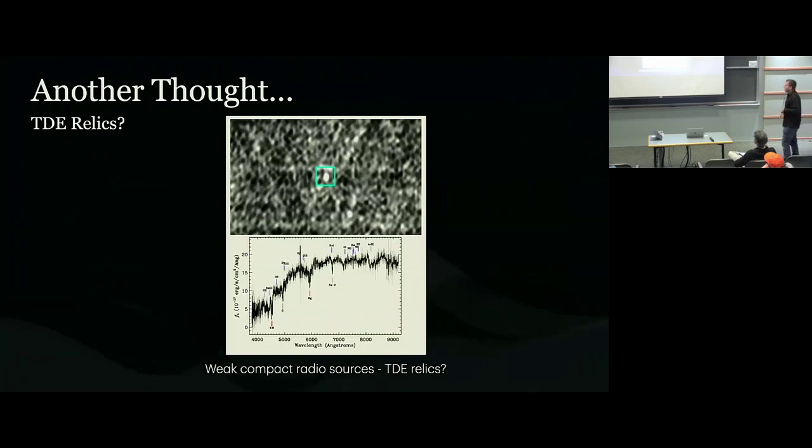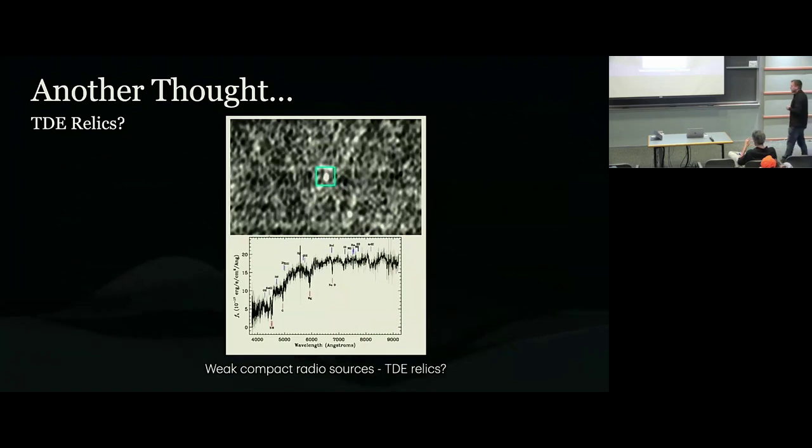In a red and dead galaxy that shows no feature of AGN or something like that. And when we found more and more transients, there are real transients, but again, I thought maybe some of the things we're actually seeing as compact, weak radio sources in radio surveys, usually people discuss the bright sources, but not the weak ones, are relics of old TDEs. I don't know, just a thought, something to think about and discuss, unrelated to really the delayed radio flares, but maybe related.